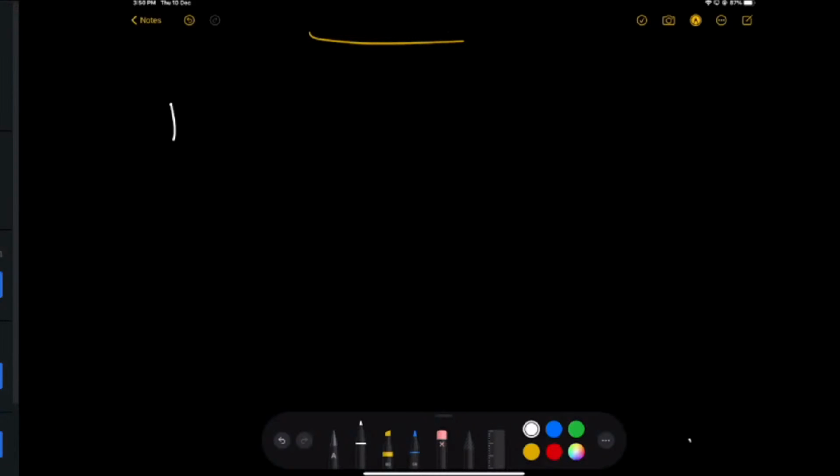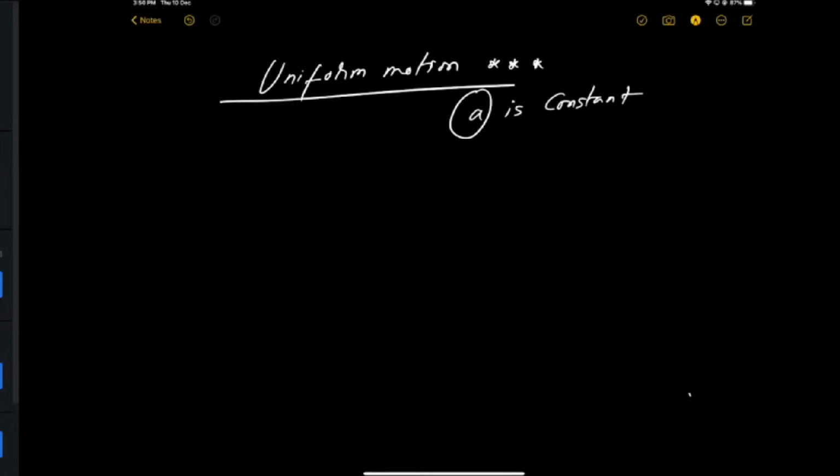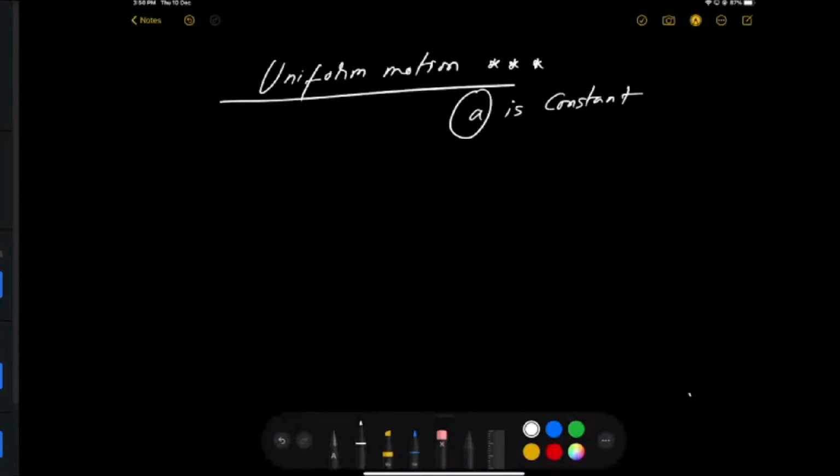So uniform motion means A is constant. Now, what is velocity? Velocity is rate of change of displacement.